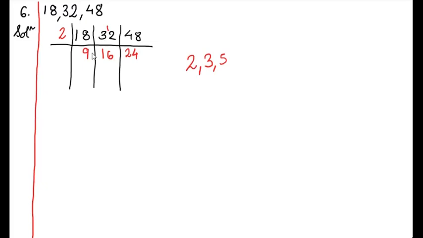So see children, 9, 16 and 24 do not come in any table. If you will see further, in 7th table also you will not have. 8th table, no. 9th table, no. So 9 was the last table because here 9 is the smaller number, isn't it? So these three numbers are not further divisible by any common table. So here we have to stop.